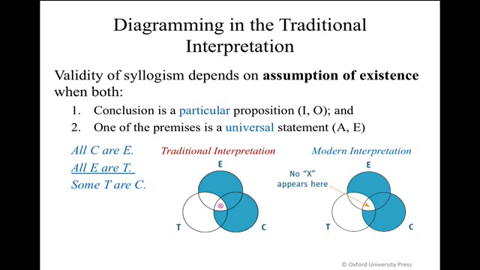There is at least one T that's a C. Now, one caveat here to bear in mind as we go forward is this. This is a provisionally valid argument. What we are going to want to know is whether or not that assumptive X is an actual X. Notice, on the other hand, on the modern interpretation, this argument is invalid.